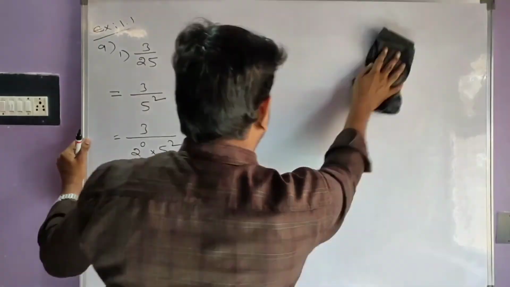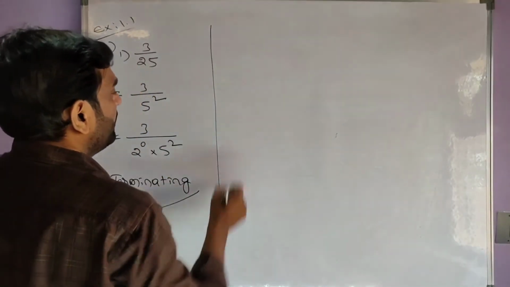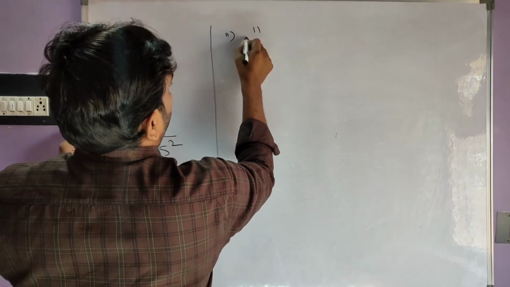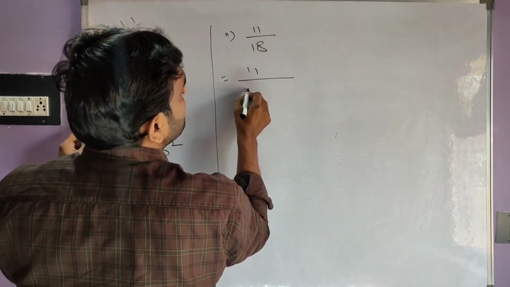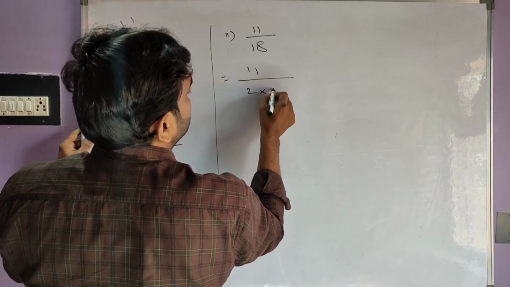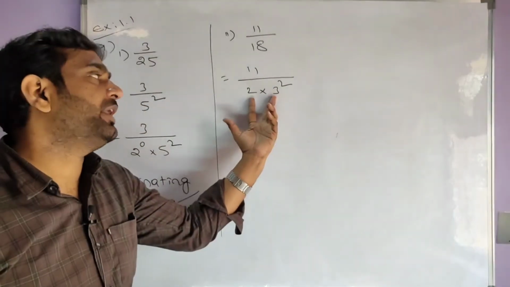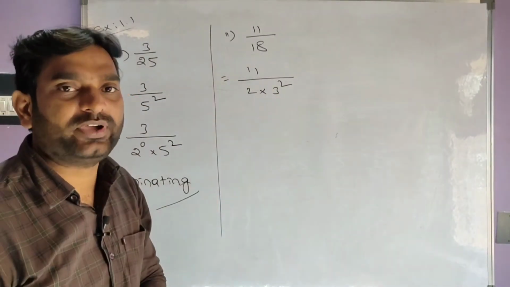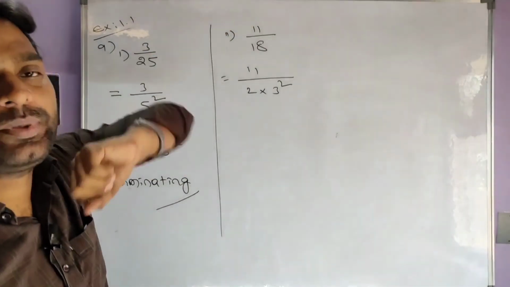Now coming to the next one, 11 by 18. Listen, 11 by 18 can be written as 11 by 2 into 9, since 2 9s are 18, and 9 can be written as 3 square. Before that, tell me, are 11 and 18 co-primes or not?